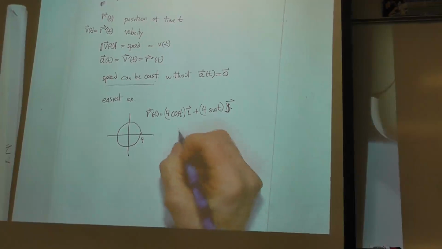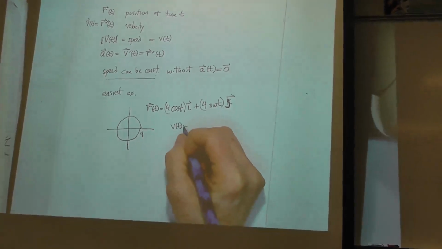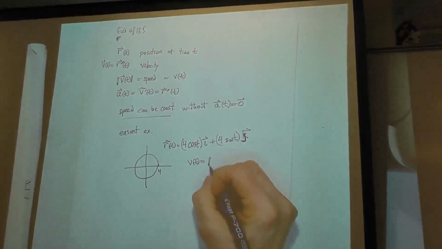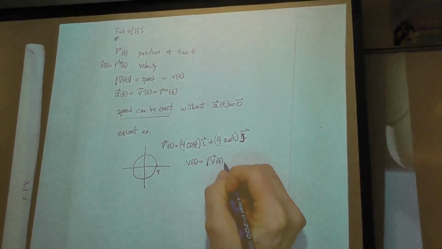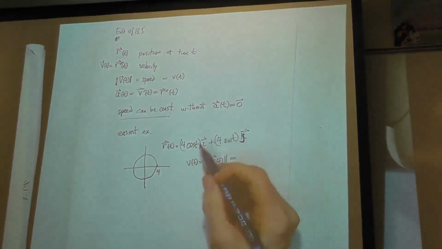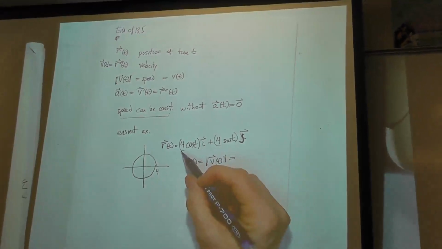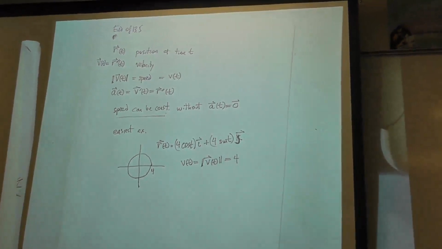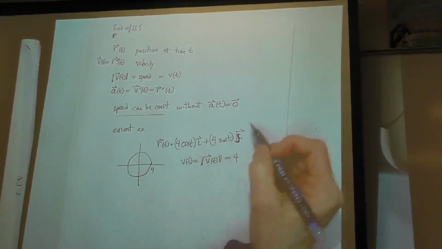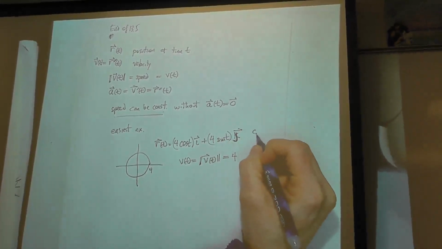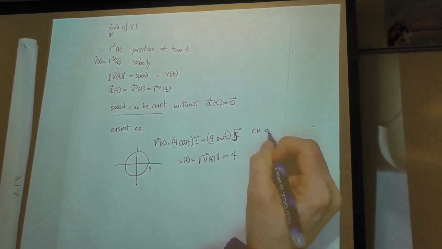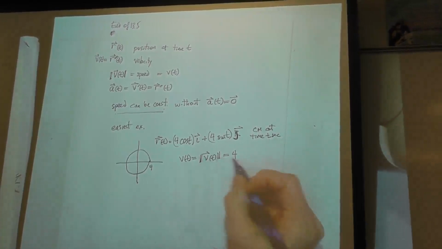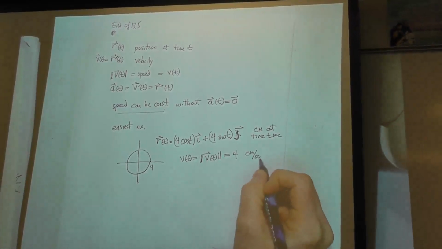J. You can check that the speed at which we move around this circle is going to be 4, for whatever my units are. So say if position is giving me position in centimeters at time t seconds, then my speed's going to be centimeters per second.